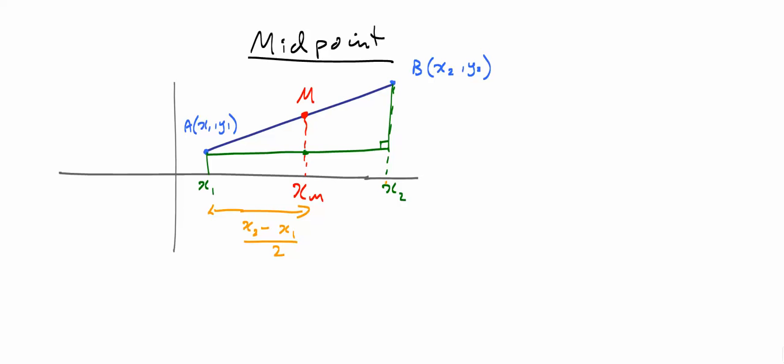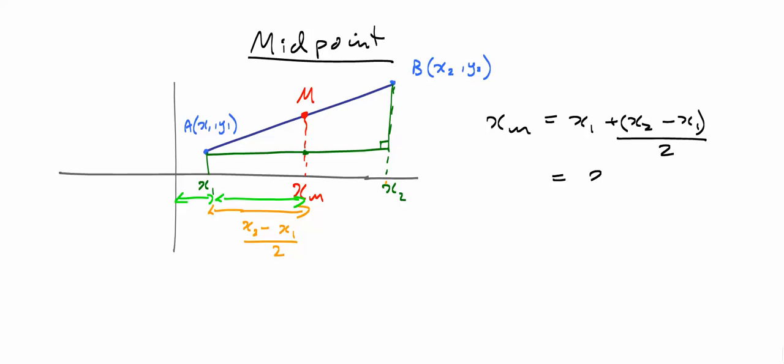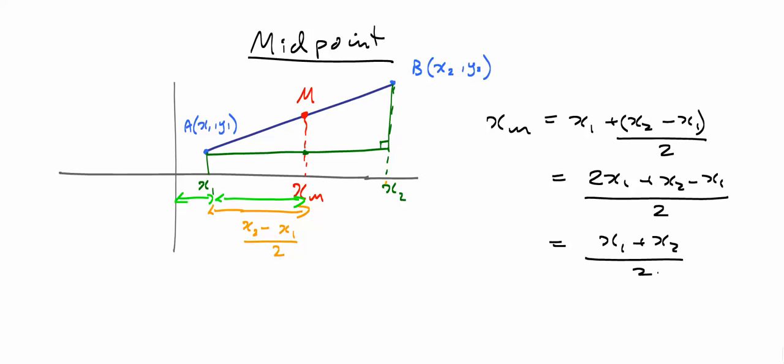So xm would be this distance here plus this distance there, which is x1 plus x2 minus x1 over 2, which is 2x1 plus x2 minus x1 over 2, and 2x1 minus x1 is x1, so that's x1 plus x2 over 2. So that's the x-coordinate.